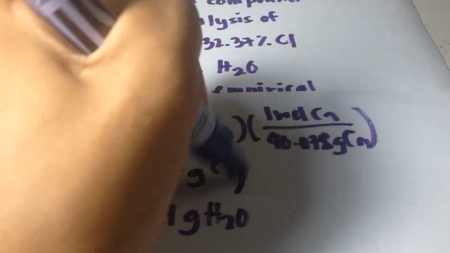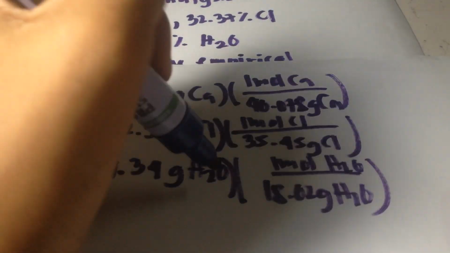So we need to calculate by each molar mass, which is 40.078 grams of calcium per 1 mole of calcium. And how about here? We have 35.45 grams of chlorine per 1 mole of chlorine. And here, they have 18.02 grams of water per 1 mole of water. So we need to cancel out the grams. So the left is their moles.